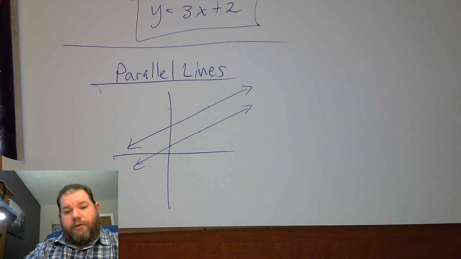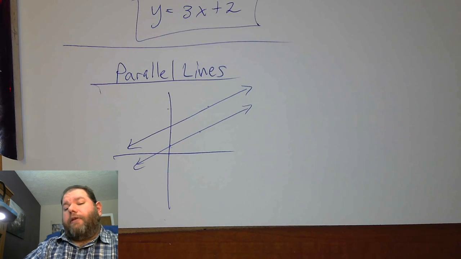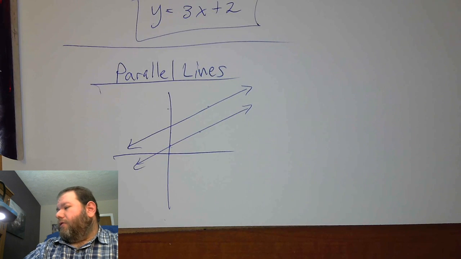Positive. Good. So we know both of these lines have positive slopes. Can we see anything more about the value of the slope? Is one line steeper than the other? No, they're not.